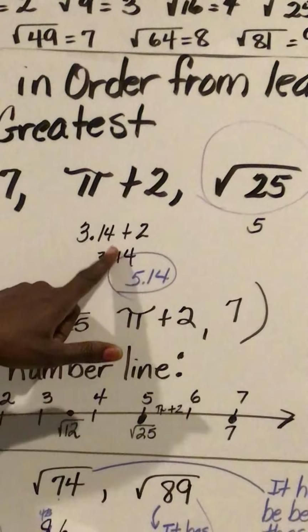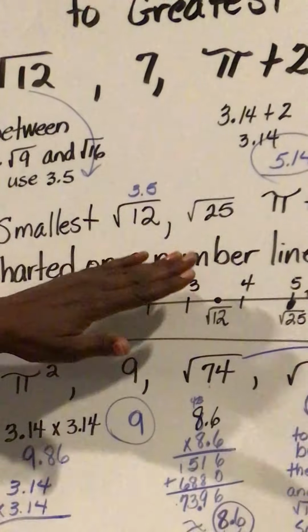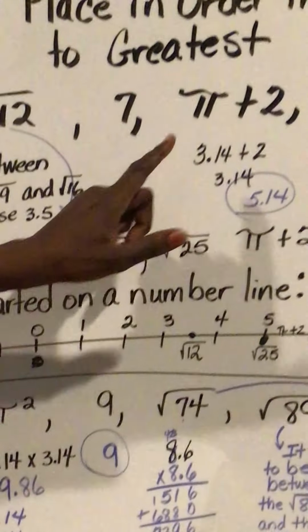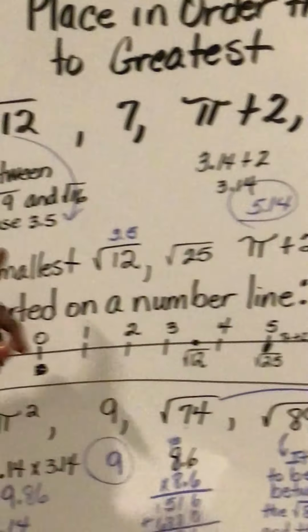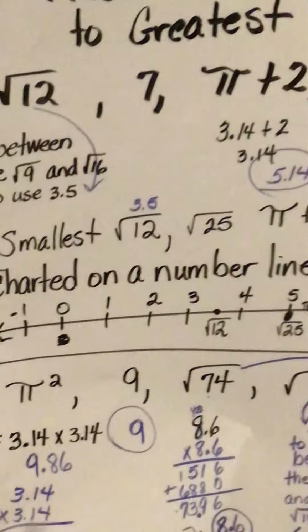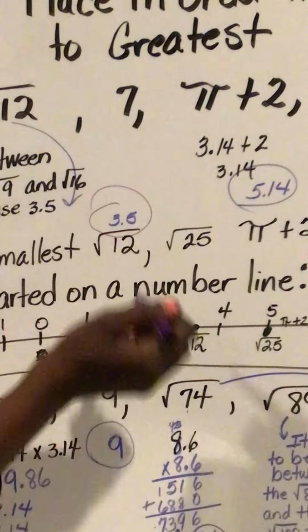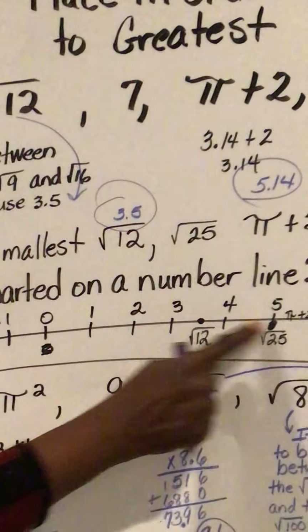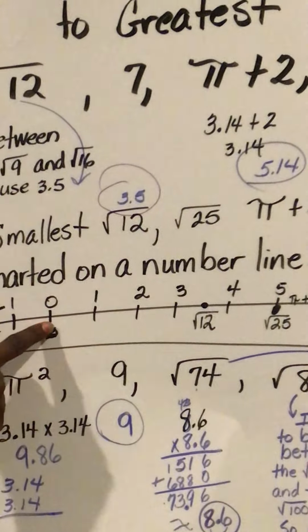Thank you. Now, when we get here, we've got to figure out what's needed and what's left because we know the square root of 25 is 5. So now let's plot them. We've got 12. We said that that's going to be 3.5. Now we need to plot these on our number line. Notice that here is my 0. These are my integers.